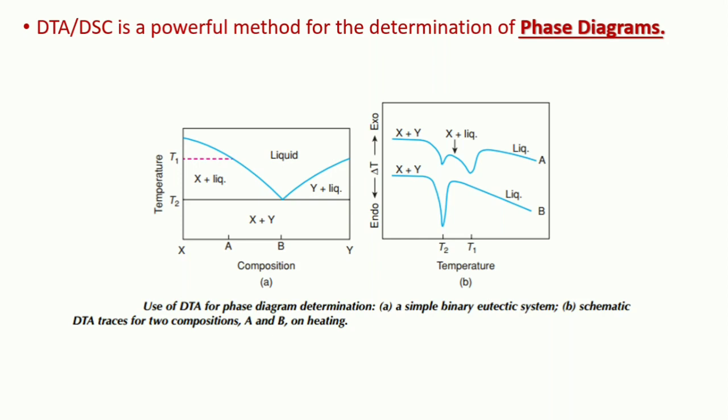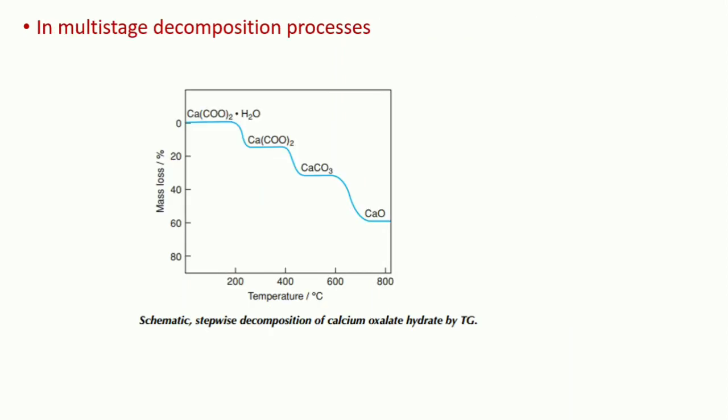Polymorphic phase transitions also appear on phase diagrams at sub-solidus temperatures, and these may be determined very readily by DTA, especially if solid solutions form and the transition temperature is composition dependent. In multi-stage decomposition processes, TG, either alone or in conjunction with DTA, may be used to separate and determine the individual steps.